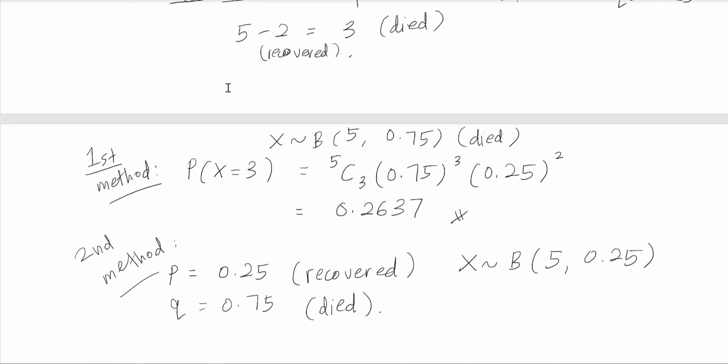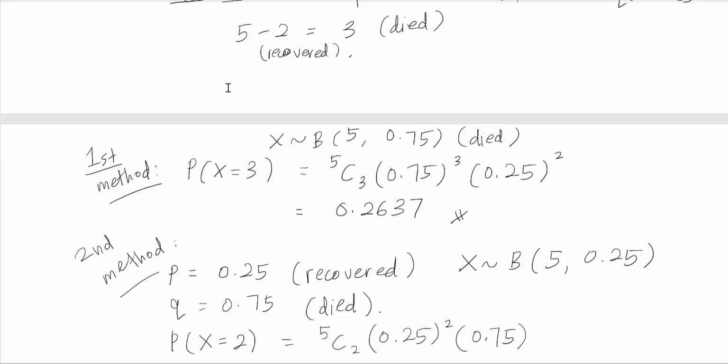So probability when X equals 2 is equal to, our N is 5, our X is 2, our P is 0.25, and our Q is 0.75.